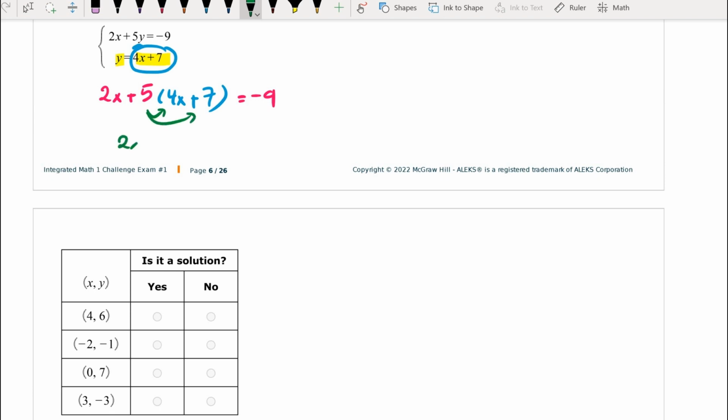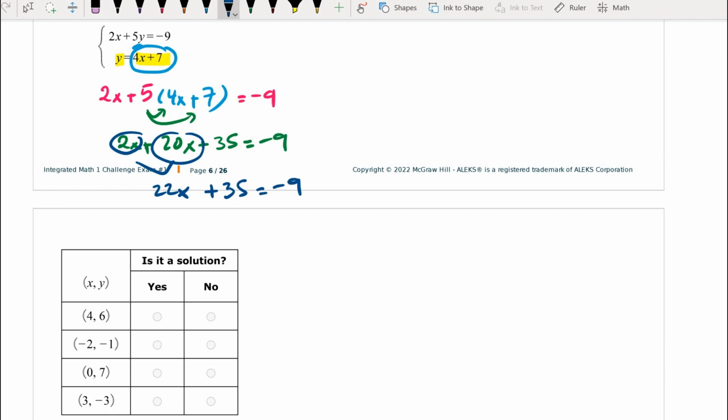You will have 2x plus 20x plus 35 equals negative 9. Then we combine like terms: 2x plus 20x gives 22x, plus 35, equals negative 9.